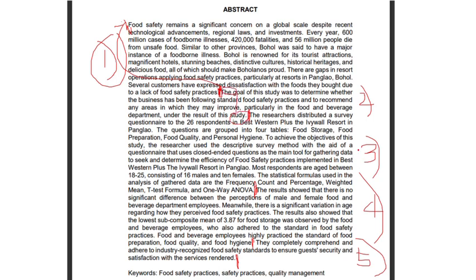The third one is the methodology, starting from the words "the researchers" until the one-way ANOVA. And then the fourth part, starting from "the results show that" until "the food hygiene." Fourth part, the major findings. And then lastly, the conclusion, starting from "the completely" until "services rendered."